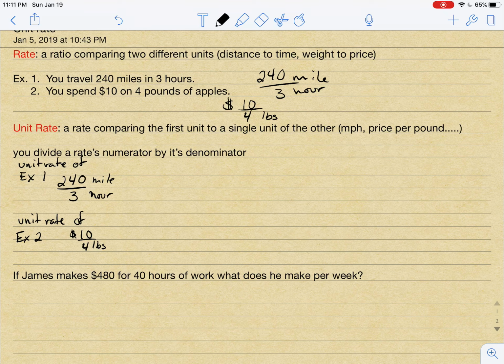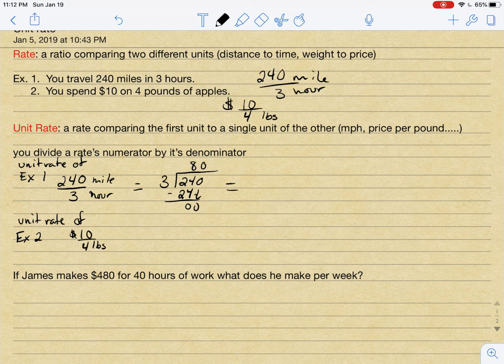So our unit rate, we want to find how fast we go in 1 hour. So that's going to equal our numerator divided by our denominator. So make sure your numerator goes under the bracket, denominator is outside. 3 can go into 24 8 times, which is 24. 0, bring down the last 0, and that would just be 0.